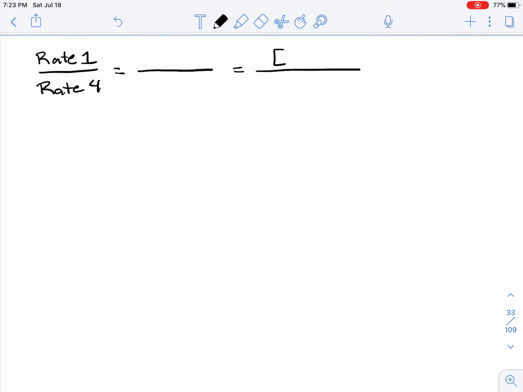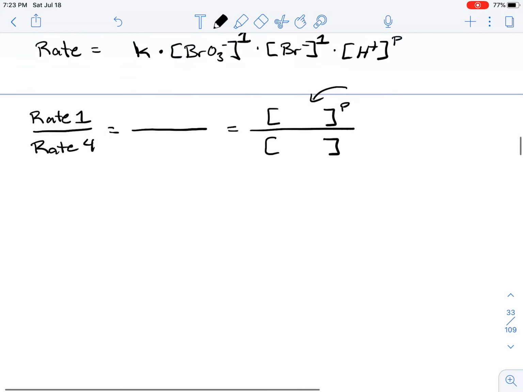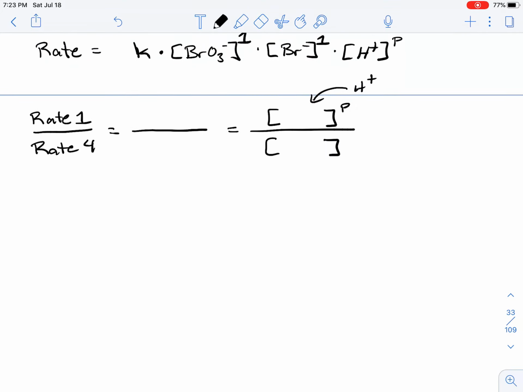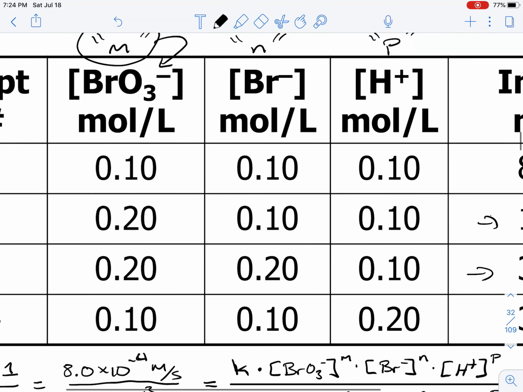And so what we're doing is just trying to figure out the concentration of H plus. So this is H plus over here for experiment 1, and that's going to be 0.10. And for experiment number 4, it's 0.20, if I recall correctly. Yep, so 0.10 and 0.20.